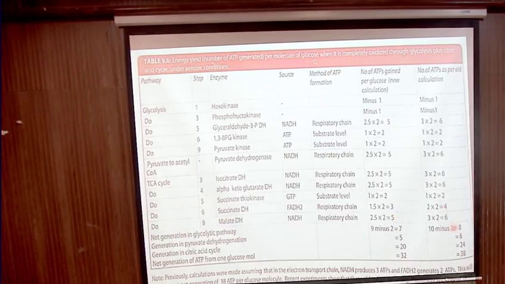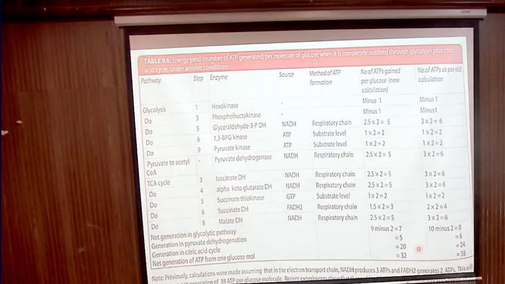Under the old calculations, we had 7 and 8 for glycolysis, 8 as per old and 7 as per new. Pyruvate dehydrogenase would give you a 5 in case of the present calculation, 6 in case of old calculation. Generation in the TCA cycle per se, old I said it was 12, but now if you translate that, it is 10.